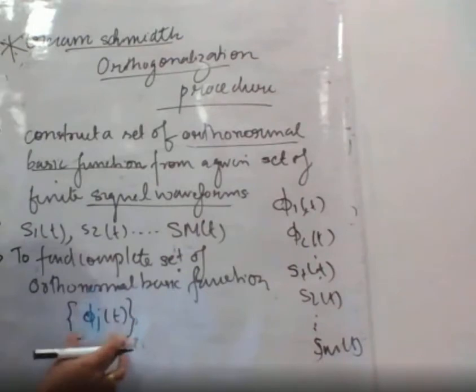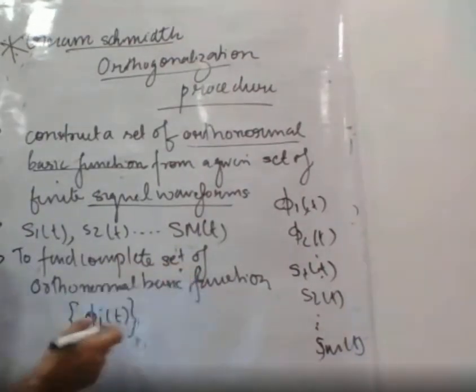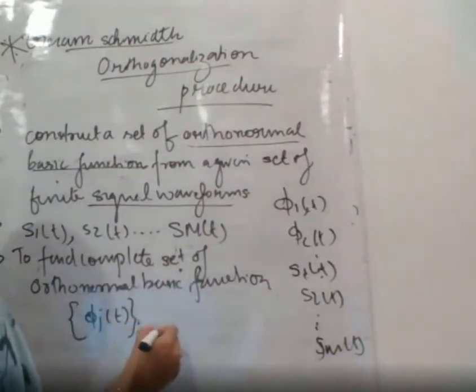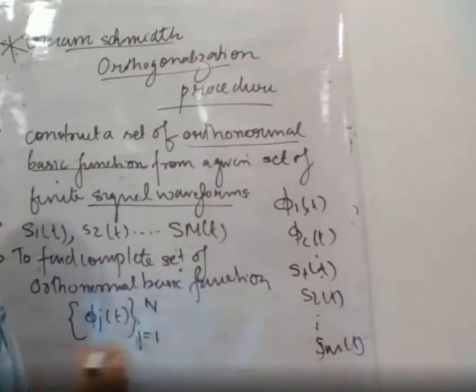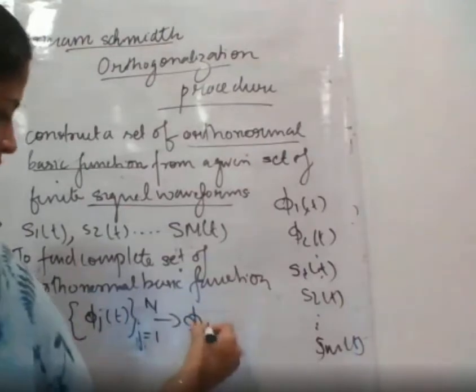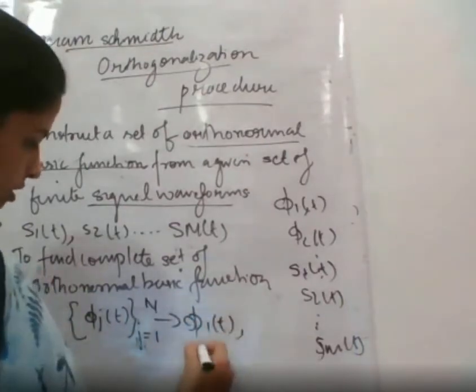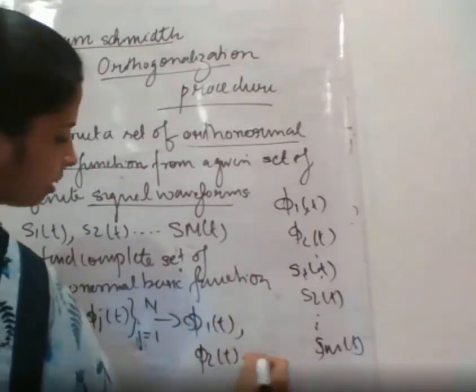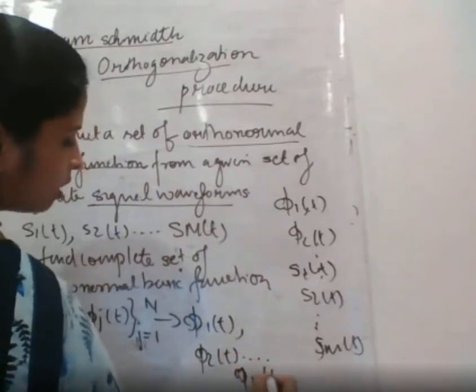Here j can take value from 1 to n. If j takes value 1, then it's phi 1 of t. If j takes value 2, then it's phi 2 of t. So on, up to phi n of t.